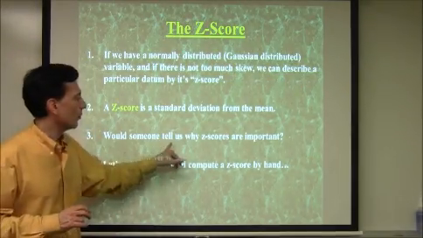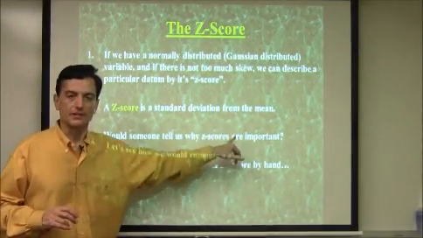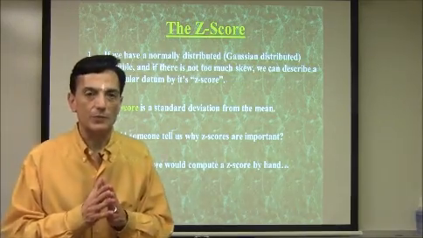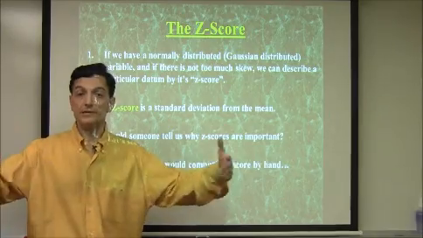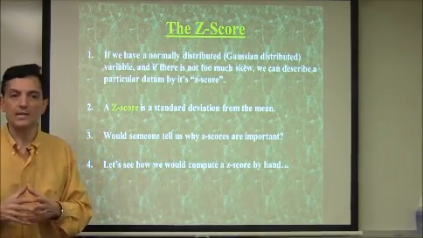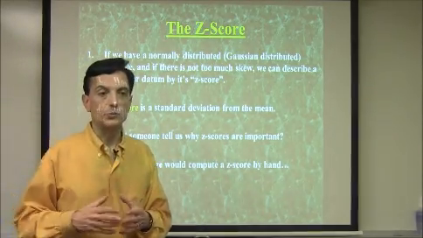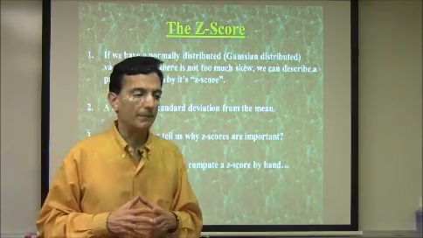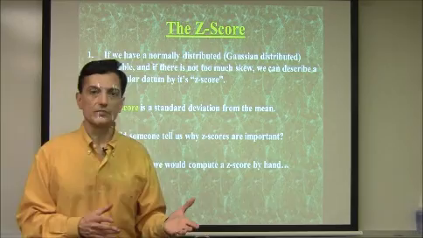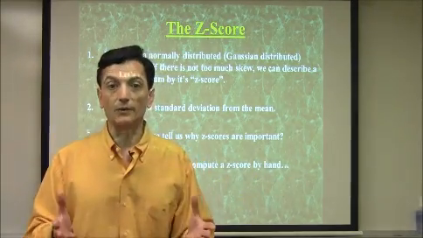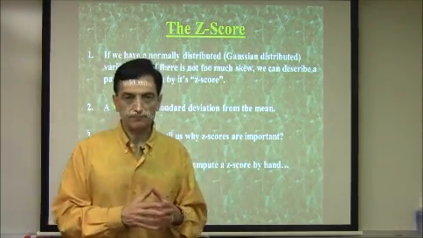Okay? We can ask, why is it the case that z-scores are important? And as I alluded to a moment ago, what's really nice about z-scores is they can allow us to compare across very different dimensions. We can compare, for example, relative height to relative IQ. We can compare relative depression levels to relative salary levels. Salary is measured in dollars or some other unit of money.